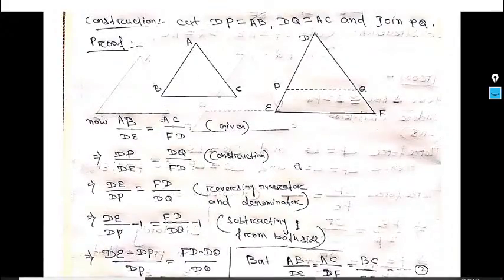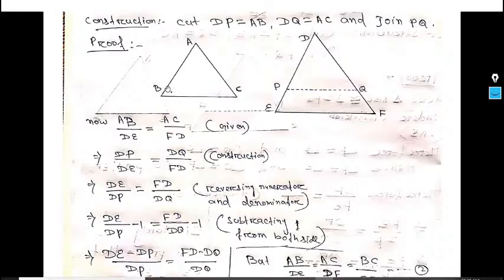So here, before going to the proof section, we need to know in what way we will move forward. First thing, see what is given. Given AB by DE equal to AC by DF and equal to BC by EF.